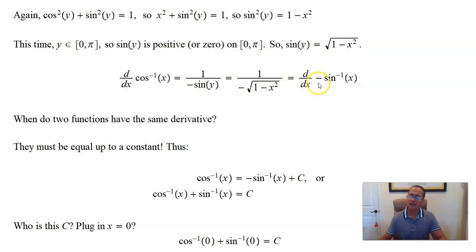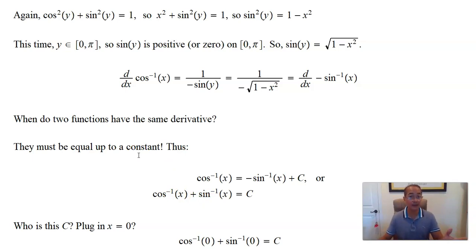That is the same as the derivative not of inverse sine of x, but the negative of inverse sine of x. Okay, so we saw this in basic calculus. Two functions can have the same derivative, but only if they are different by a constant. Okay, x squared, the derivative is 2x.